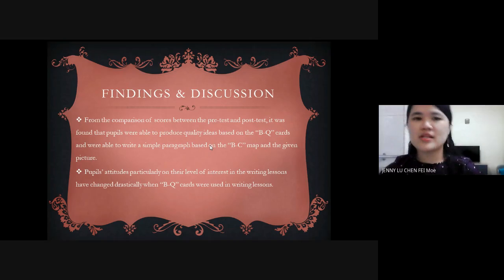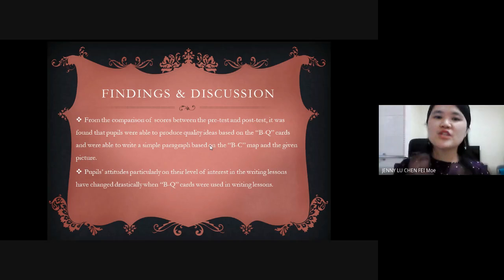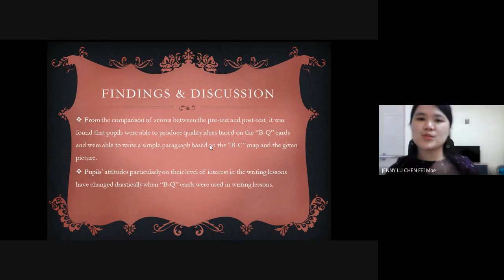The second one is that pupils' attitudes, particularly their level of interest in the writing lessons, changed drastically when BQ cards were used in writing lessons. When BQ cards were first introduced, most of the pupils were unsure of what to do with them.